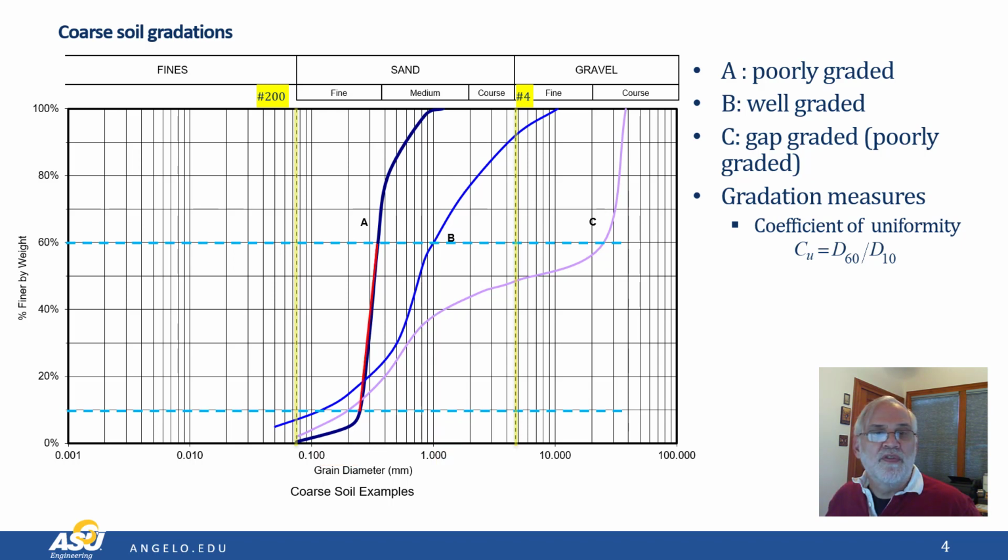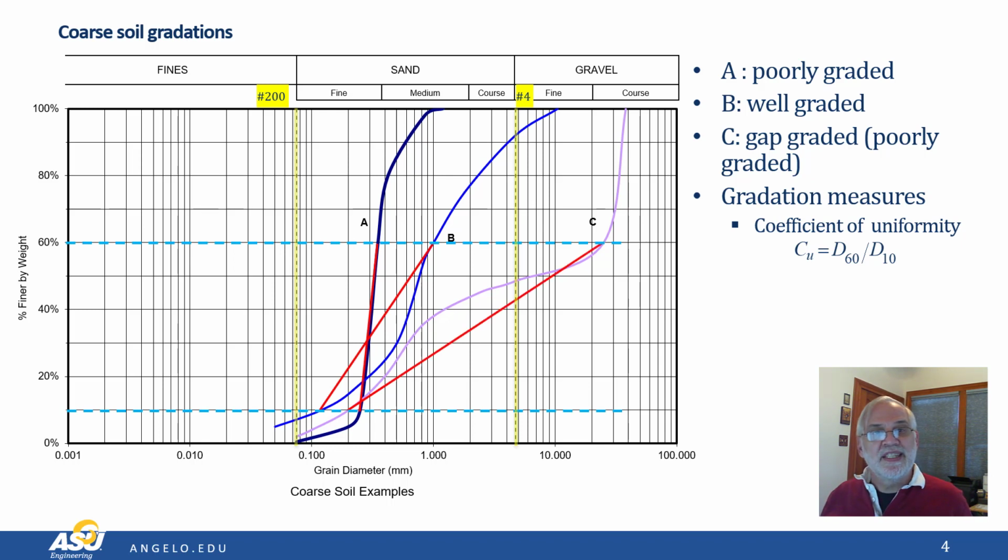The coefficient of uniformity is a measure of the slope of the grain size distribution curve between 10% passing and 60% passing. Soil A has a very steep slope in this region. Soil B has a shallower slope, and soil C has a yet more shallow slope.